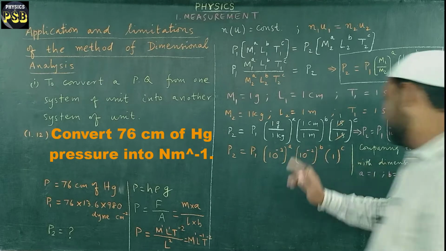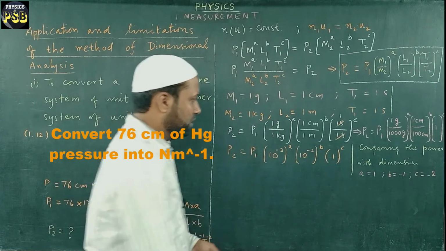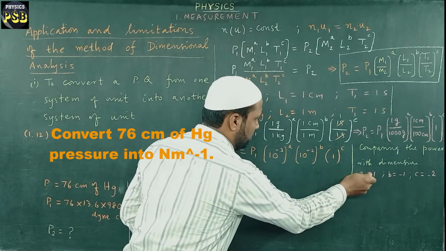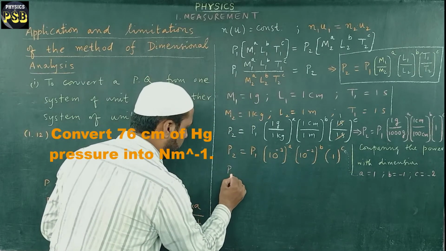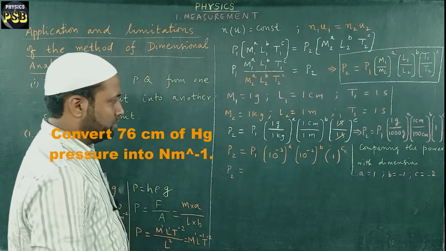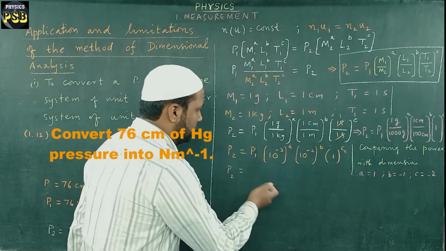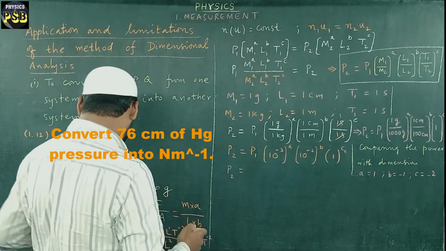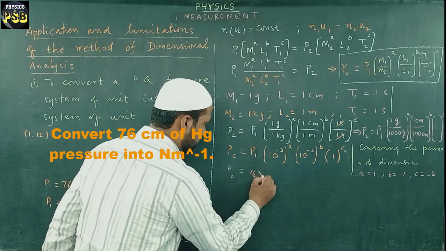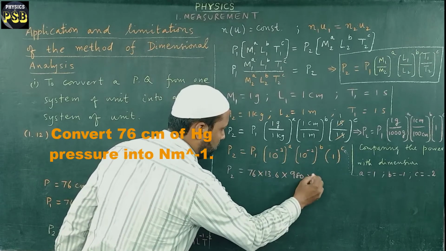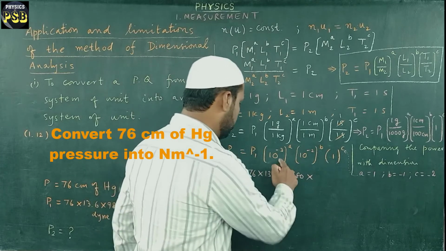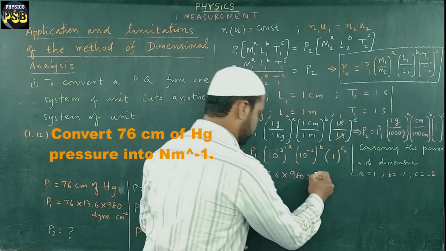So I am going to substitute these things here. What will I get? P2 will become equal to, now the value of P1 that I am going to mention: 76 into 13.6 into 980, multiplied with these three things.